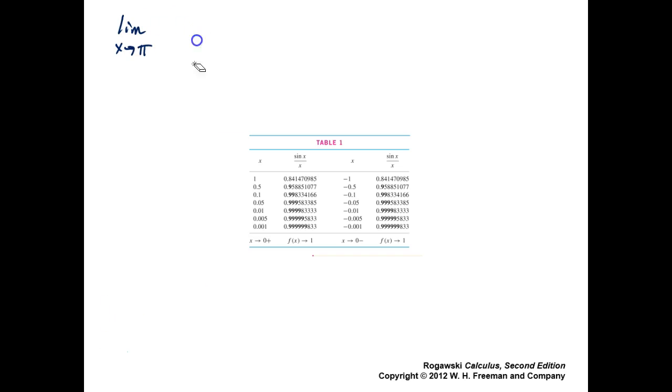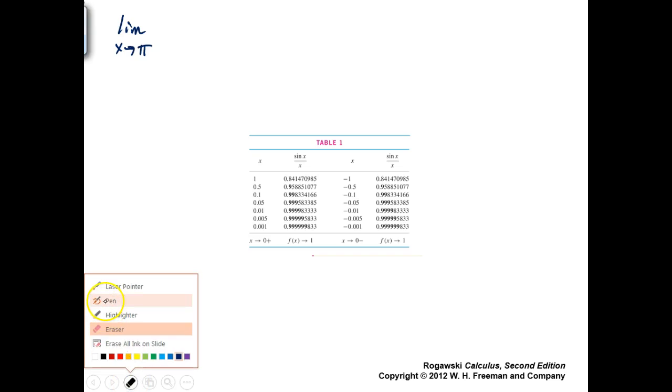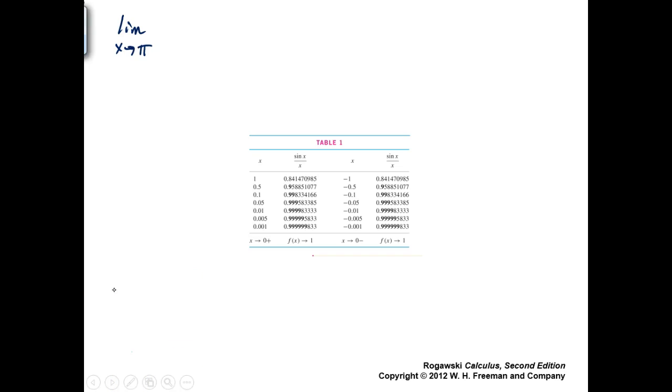Okay. Let's write it this way. Let's start here. F of x is equal to 1. So what's the limit of f of x as x approaches pi?